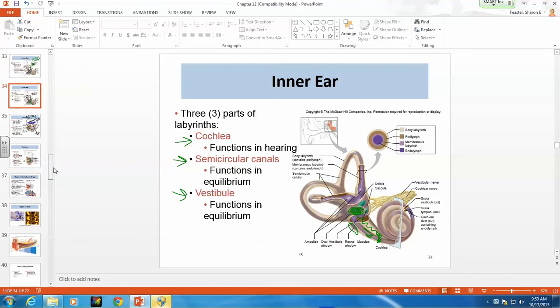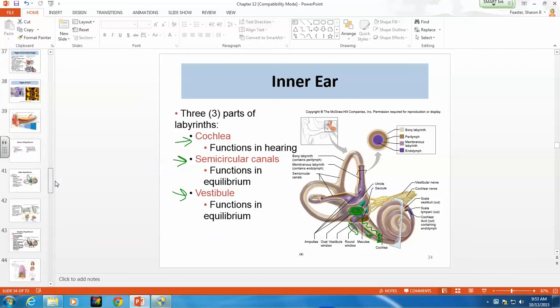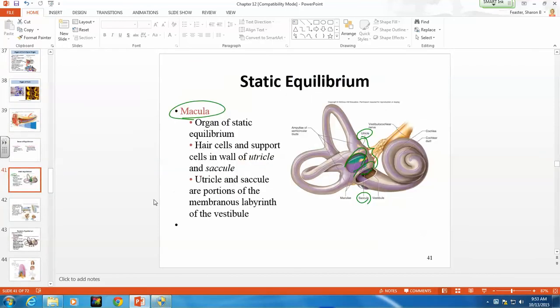There are two sacs, a utricle and a saccule, and those are the membranous sacs filled with what fluid? Endolymph. In the wall of the utricle and the saccule, you see that green rounded area? That's a macula.